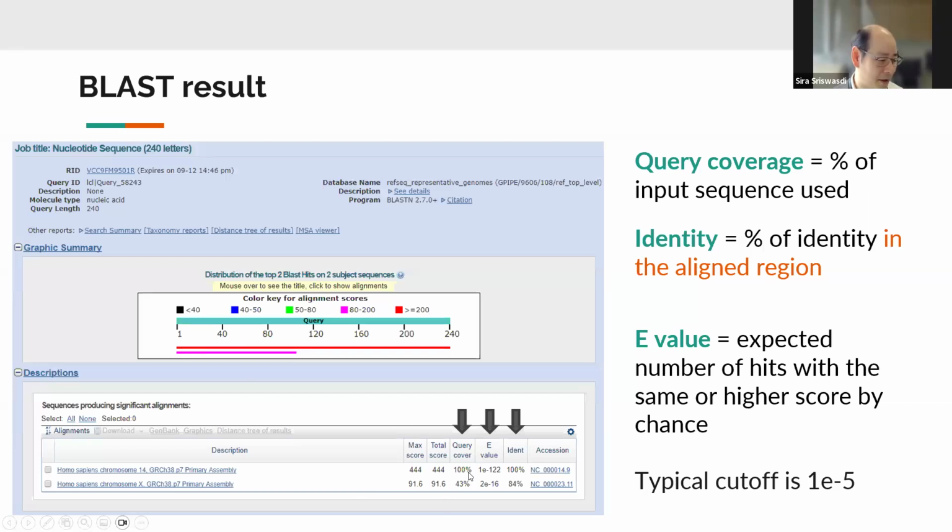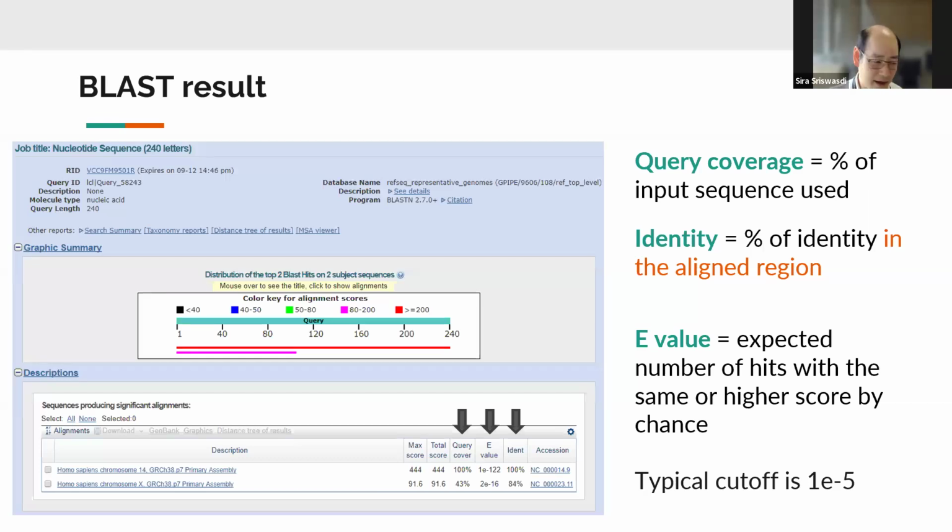And when we look at the bottom here, we see that the query coverage for the first hit is 100%. So the sequence that you put in is matched to the human genome for the entire length, 100%. But the second position in the human genome that your sequence can match to only covers 43% of your sequence. So less than half of your sequence matches. So query coverage can tell you how confident you are that the match that you get from BLAST is correct.